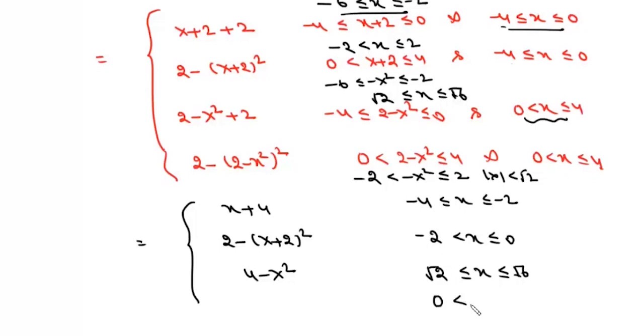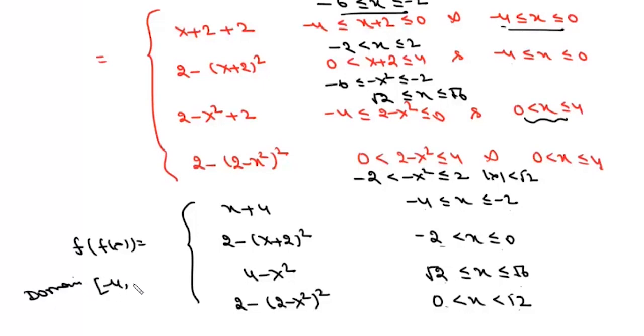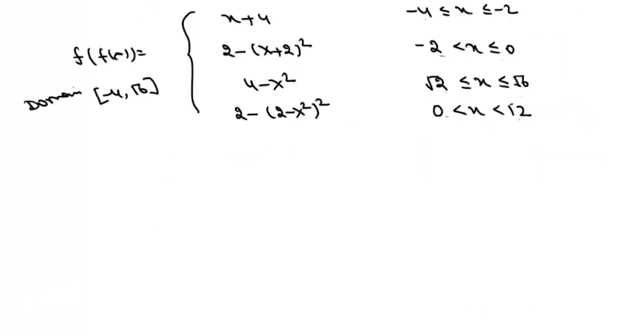So when x lies between 0 and √2, this definition will be 2 minus x square whole square. Now again, it goes from -4 to -2, -2 to 0, 0 to √2, and √2 to √6. So for this, f of f(x) domain is from -4 to √6. Now, if we look at continuity, we'll check continuity at -2.